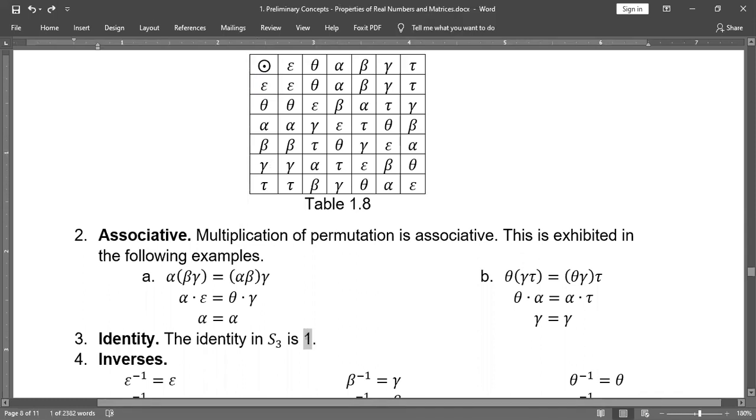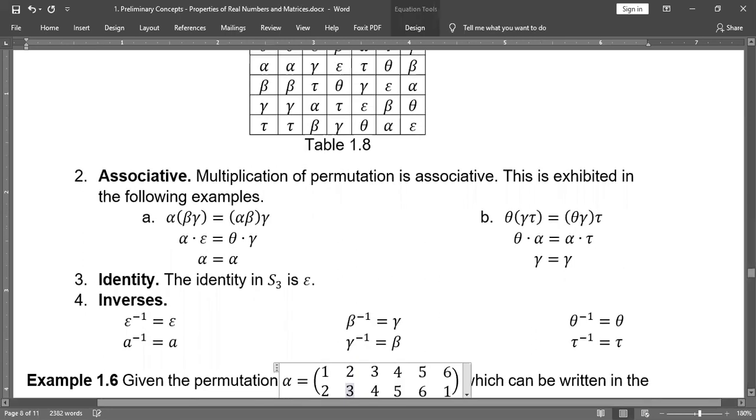And then we have the inverses. Ulitin natin, ang inverse is when operated to a number, when operated with its inverse, will give us back our identity element. So for example, ang inverse ni epsilon is epsilon kasi binalik ni epsilon si epsilon sa epsilon.